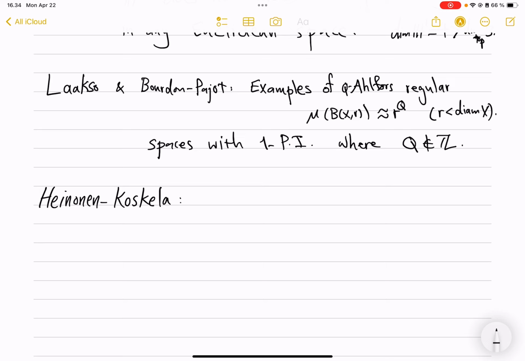And the simplest case is, well, you have two boxes, two pieces of R^2, which each individually supports a one Poincare inequality, but then say you glue them along a Cantor set. So you take a common Cantor set on edges, and you glue them along there and equip them with the induced measure and metric.